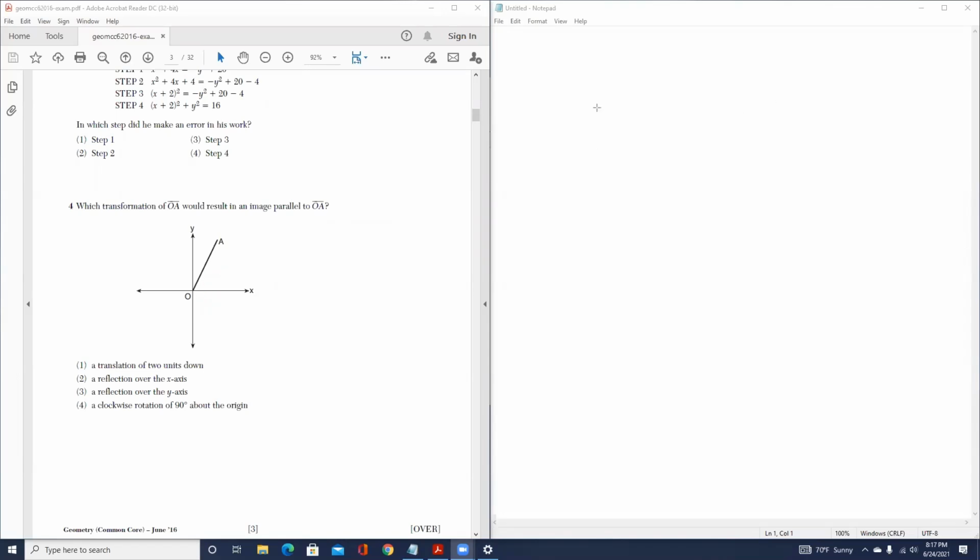Choice 2, a reflection over the x-axis. If you reflected it over the x-axis, then you would get another line. In this case, you can think of the x-axis like a mirror.